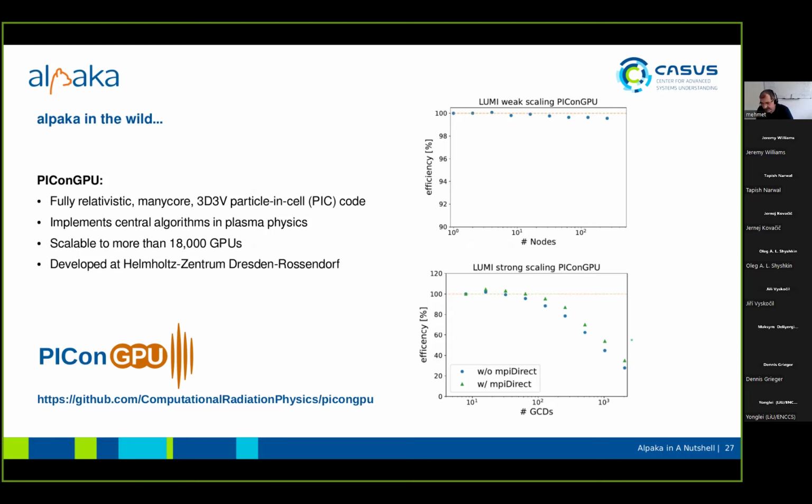The term GCD means graphics compute die. And in LUMI, there are about 2,900 nodes. Each node has 4 AMD GPU modules, and each GPU module has 2 dies. Therefore, there are about 30,000 dies on LUMI.